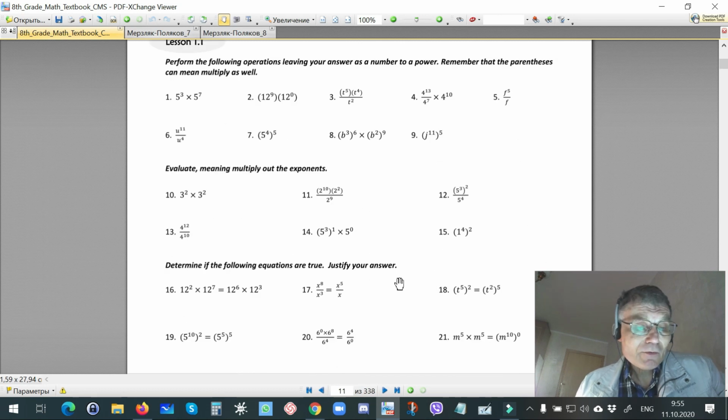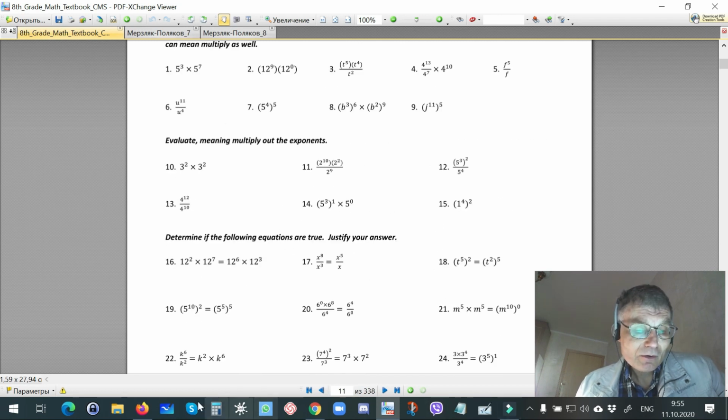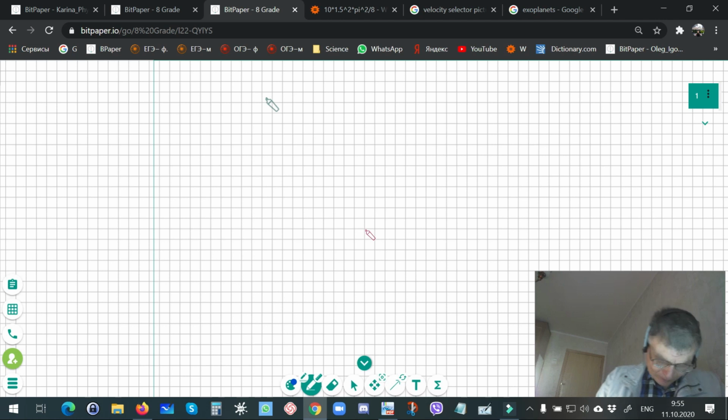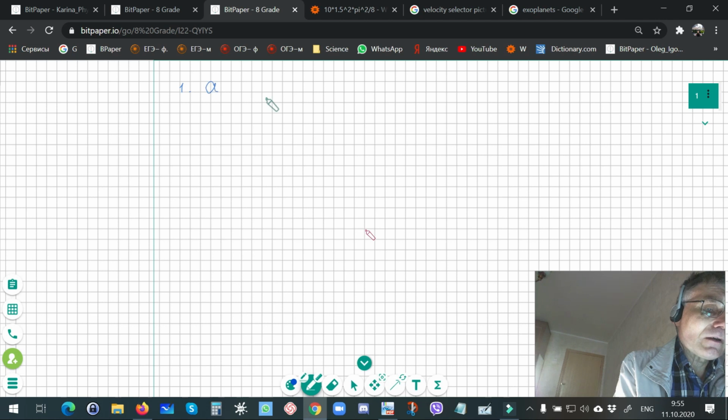And now exercises, and let us first write down the general rules we've just revised. So the first one is that a to the power of 0, for any a, is just 1.